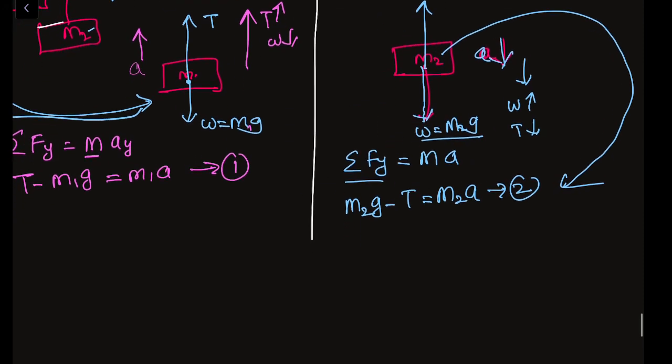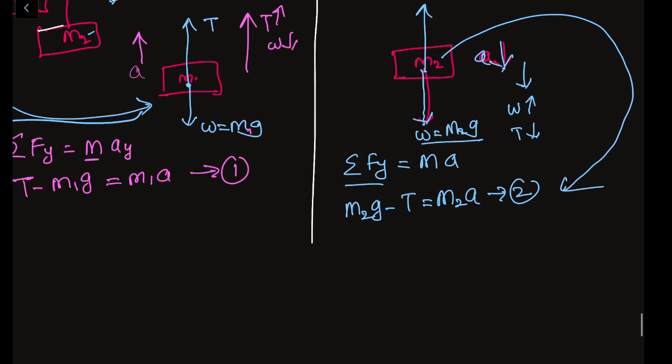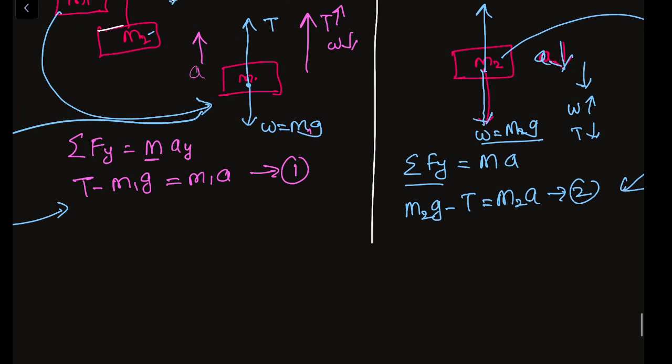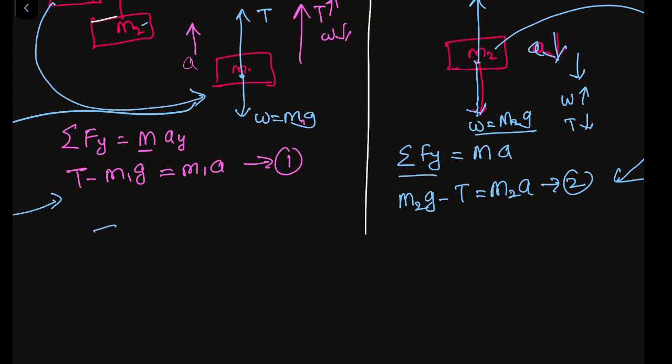See here, by adding 1 and 2. Got it, children? So the first equation, T minus m1g is equal to m1a.